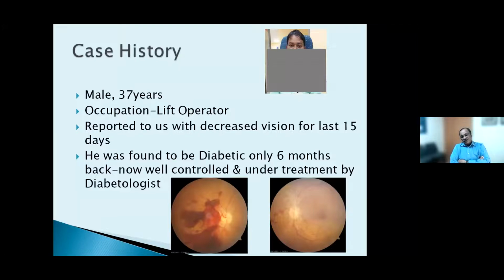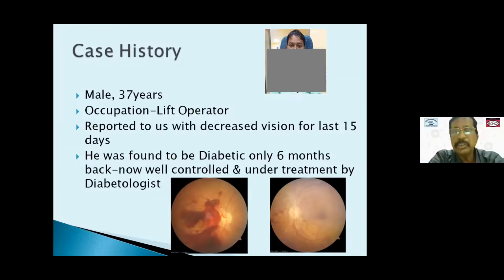Regarding the role of injection in the other eye, I would not give the injection because of the tractional component, and because he doesn't look like he has any macular edema. It's purely proliferative diabetic disease, so I would rather do a peripheral panretinal photocoagulation in these patients.